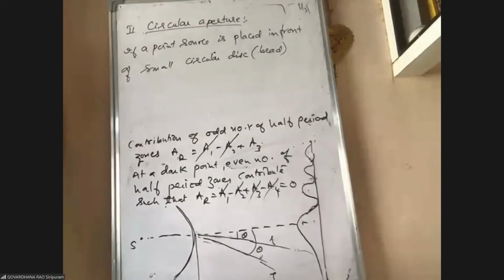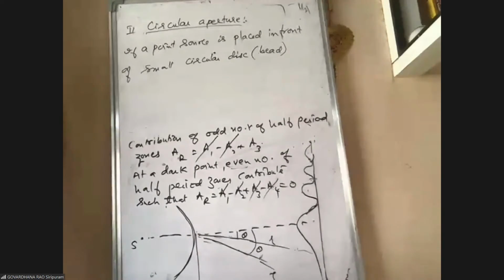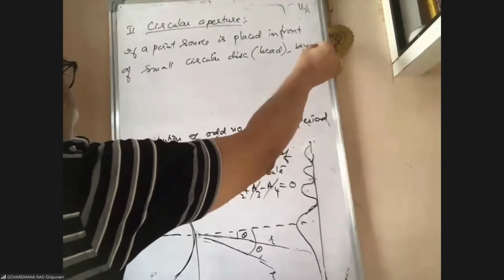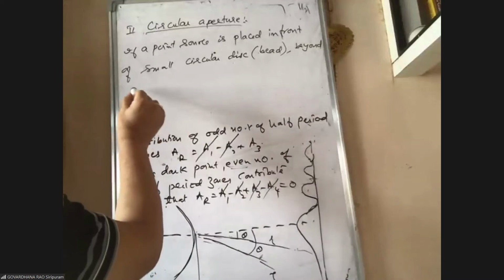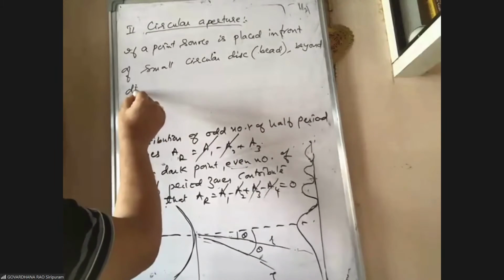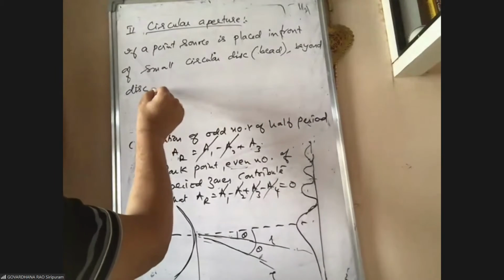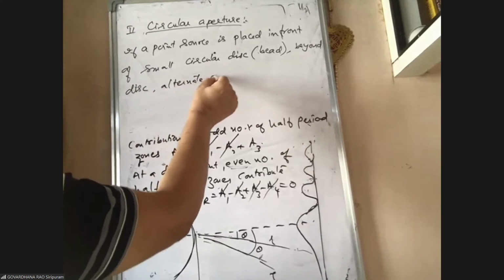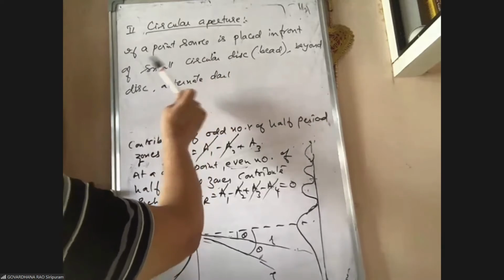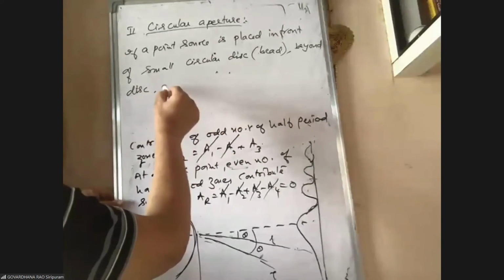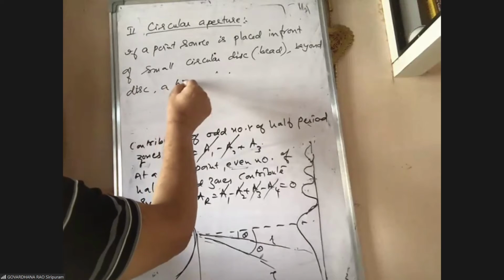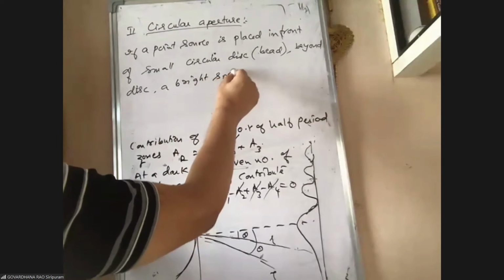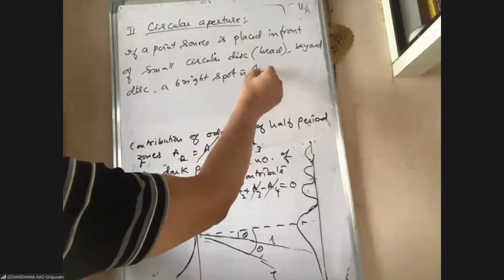If a point source is placed in front of a small circular disc, beyond the disc, alternate dark beyond disc, a bright spot is observed.